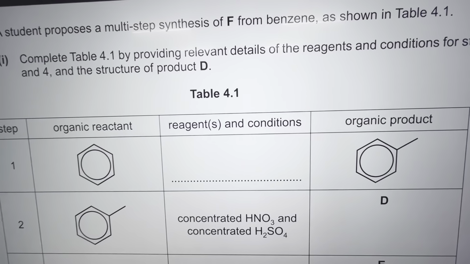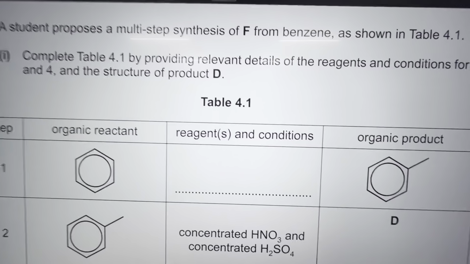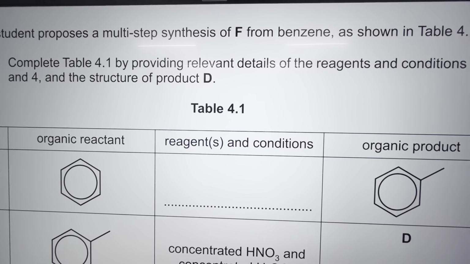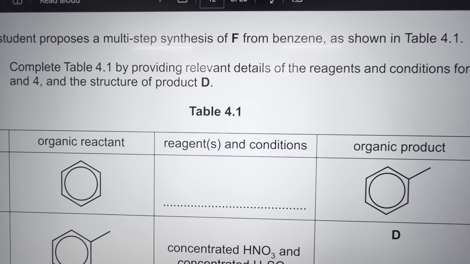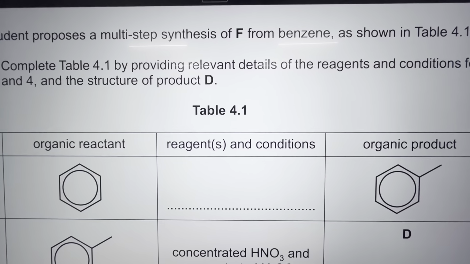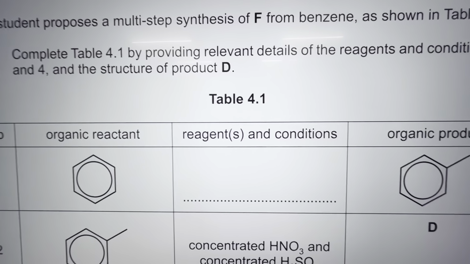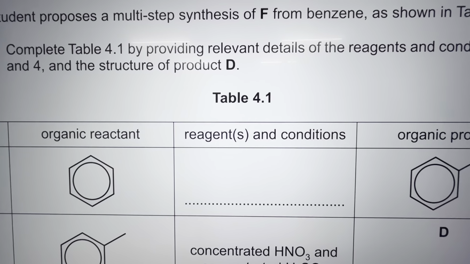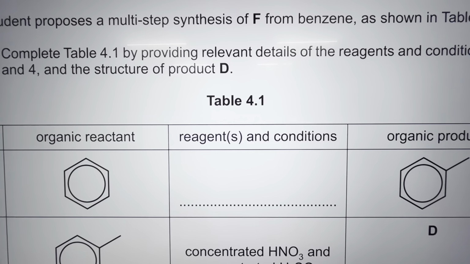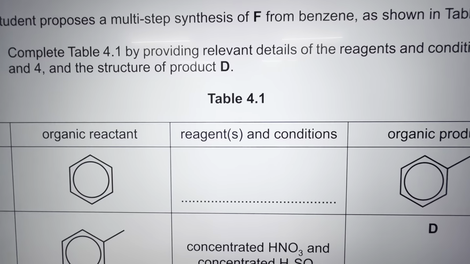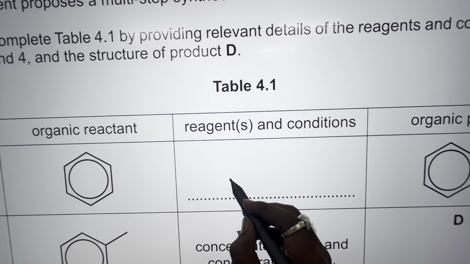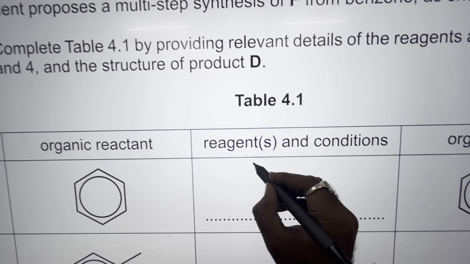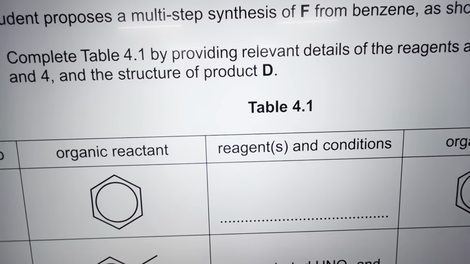If you see the reactant and the product, what is the difference? In the reactant we have benzene, and in the product something is attached, that is your CH3. So this is an electrophilic substitution of methyl on benzene. So here your reagent will be CH4.